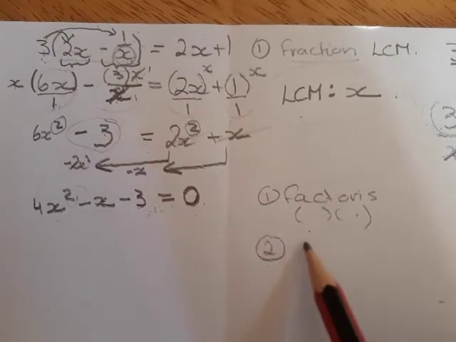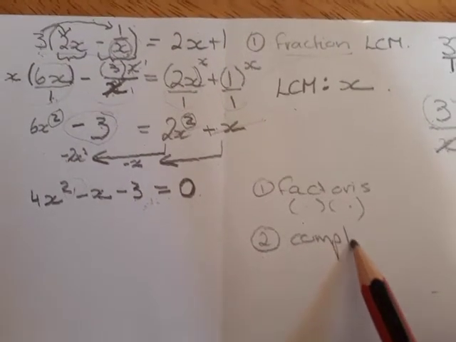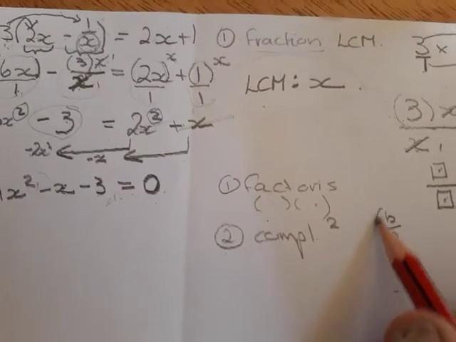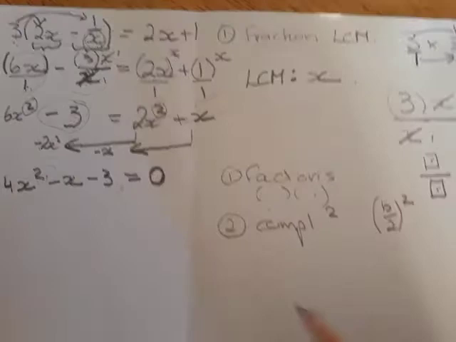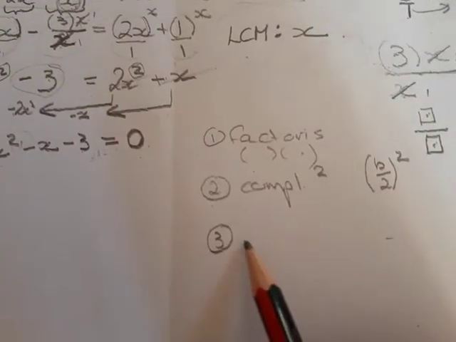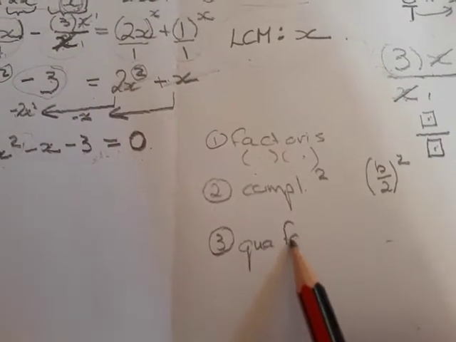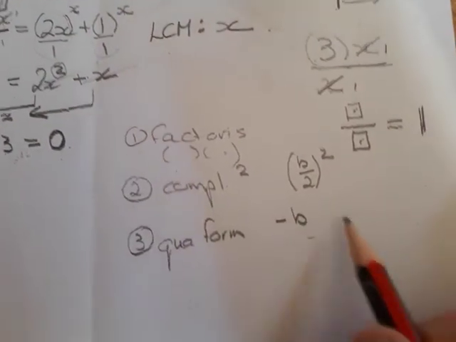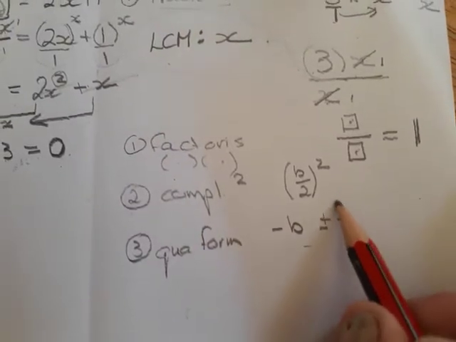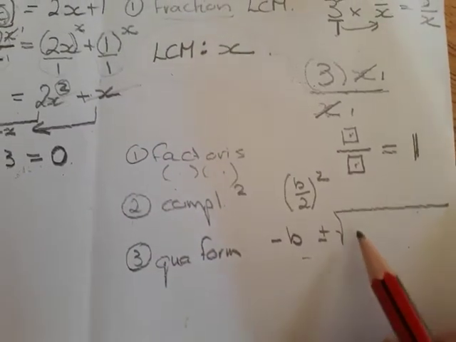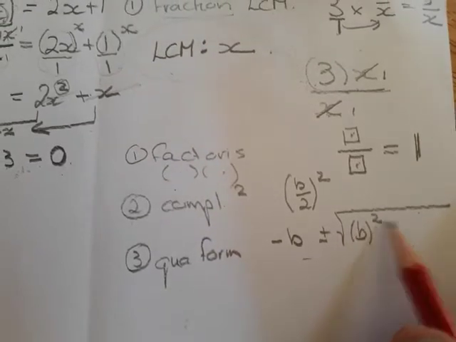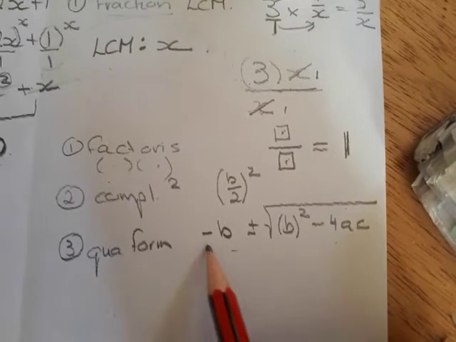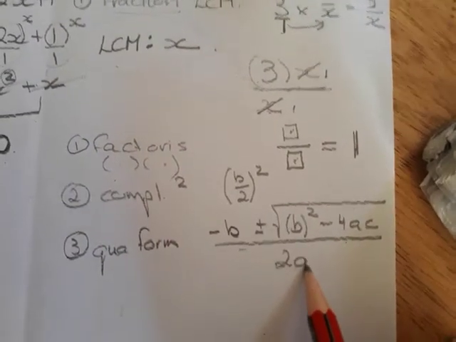The second one is completing the square, which is the one where you have to add (b over 2) squared. Number 3 is the quadratic formula, and that formula reads: x equals negative b plus or minus the square root of b squared minus 4ac, over 2a.